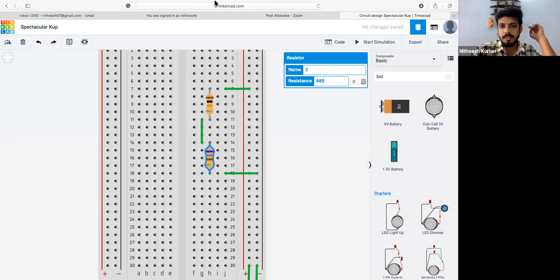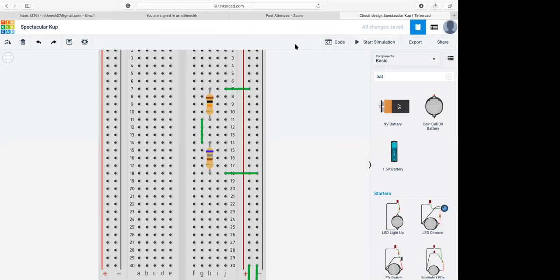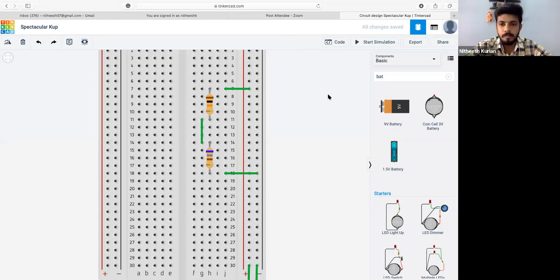Any other answers from the student side? Anybody else got the answer? 8.427 across 10 kilo ohm. And what is the voltage across 680 ohm? Sumant.